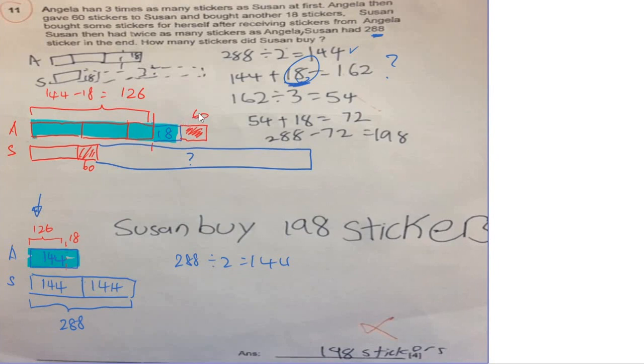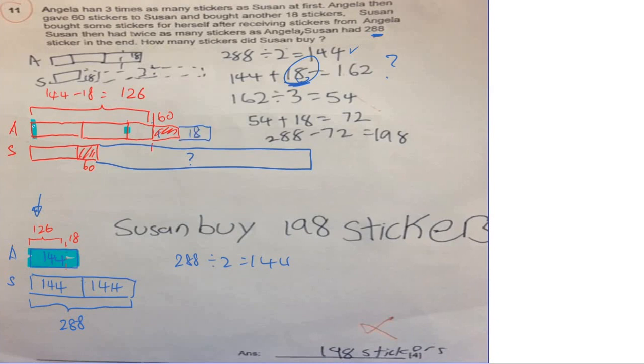But if you remember, I need to drop it away again. Let me show you how it looks at first. Go back to the first. This is the 60 that was given away, and this is the 18 here.